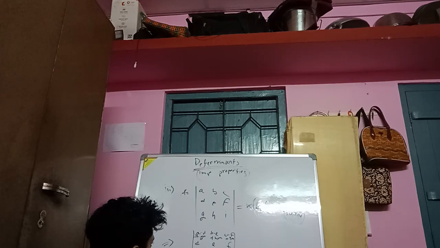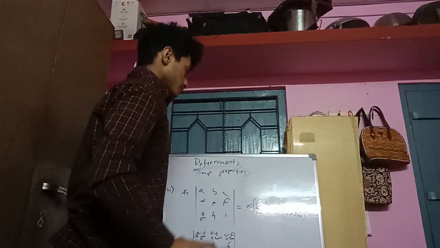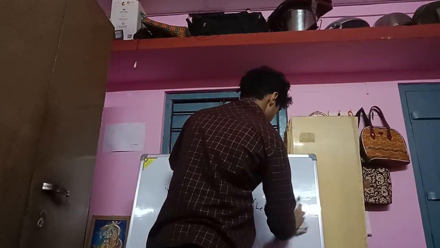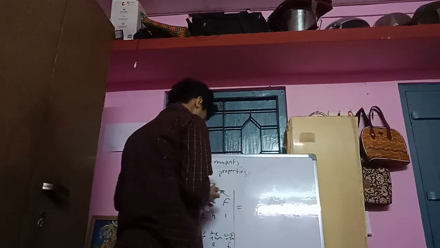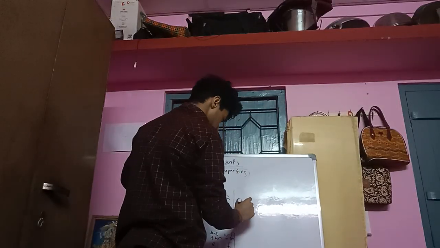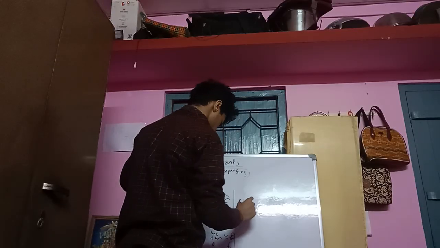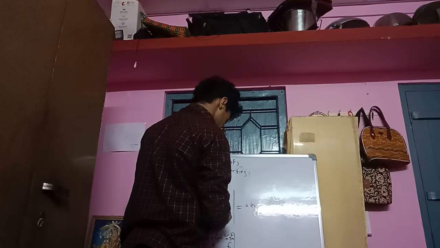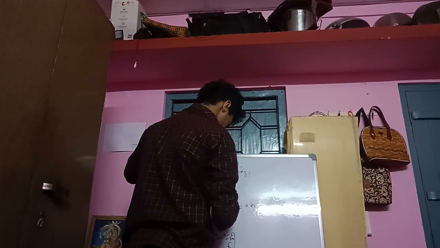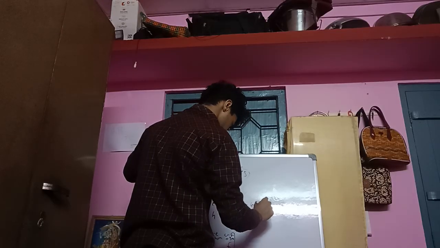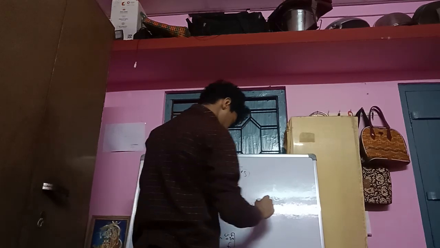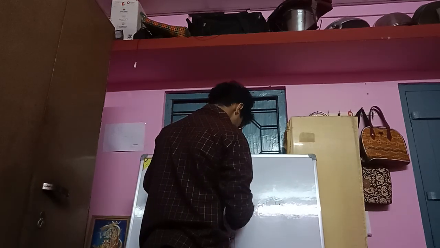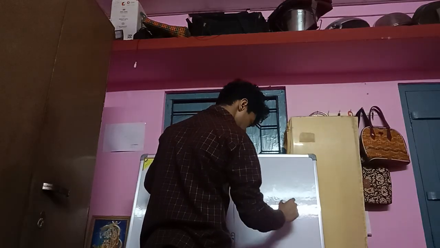Let me compute this actually. The computation is going to be really, really complicated, but I'm going to do it anyway. If this video becomes a bit long, we're not going to worry about that. The value of this one would be A times (EI minus HF), minus B times (DI minus GF).